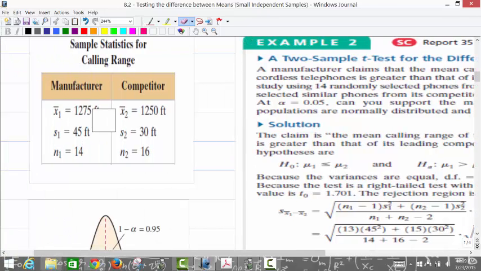We have a sample mean for the manufacturer 1275 with a standard deviation of 45, and there's a sample size of 14 phones for that group. The competitor 1250 was their range. 30 feet was a standard deviation, and we took a sample of 16 of their phones.